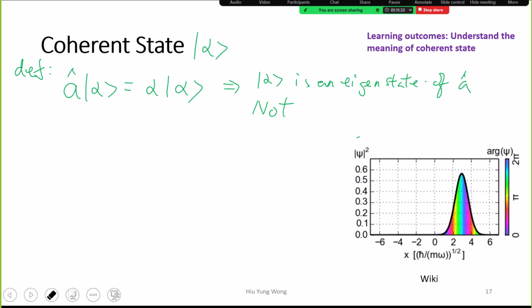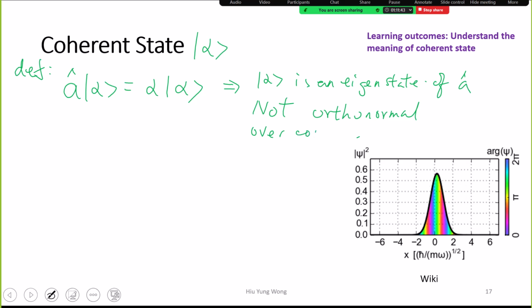But you need to know that it is not orthonormal. When we talk about the eigenstates so far, usually they're orthonormal to each other. And also it is overcomplete. What does it mean? For example, if I have a two-dimensional space, I have x hat, y hat, these two bases are complete. They can represent any state on the two-dimensional space, right?